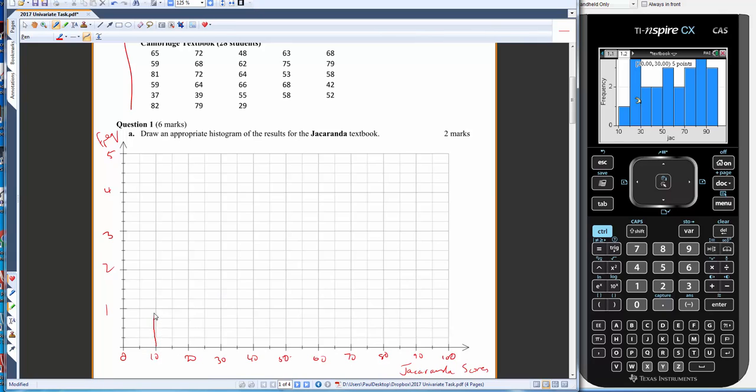I'd use a ruler if I was to do this on a piece of paper, but because I'm working with a stylus here, it's really hard to use a ruler for this stuff, so I'm freehanding it.